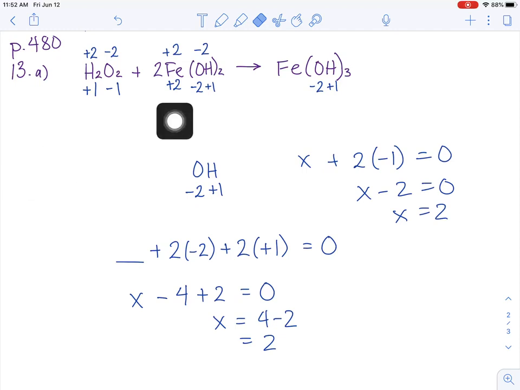Here we have 3 units of hydroxide. So once again, I could just say overall hydroxide is a -1. And so as a unit, if I have 3 of those units, then overall my hydroxides have an oxidation number of -3. But then I could also do it separately.